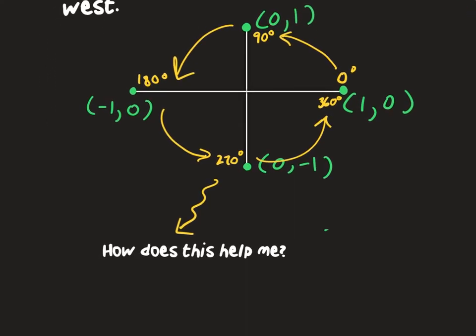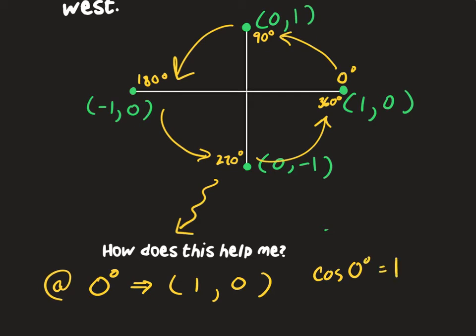So how does this help me? If we look at the coordinates at 0 degrees, we'll see that the cosine at 0 degrees is equal to 1 because 1 is the x value.